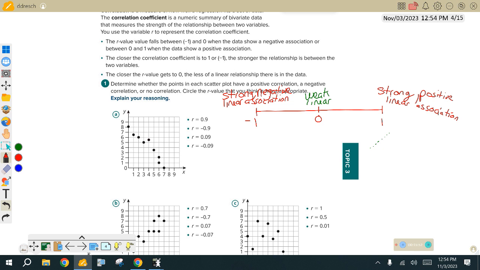It's going to be positive, it's going to be increasing. What's it going to look like for a negative one? It's going to be decreasing, and they're all going to be on a nice line like that. Now, what's it going to be like when the R value returns me a 0? We just said a second ago, letter B on the other side was a 0. What that means is your eyes are all over the place. You can't tell me it's linear or not. So what does that mean?